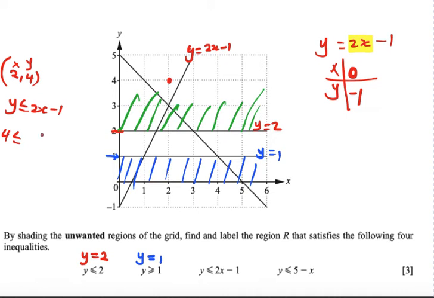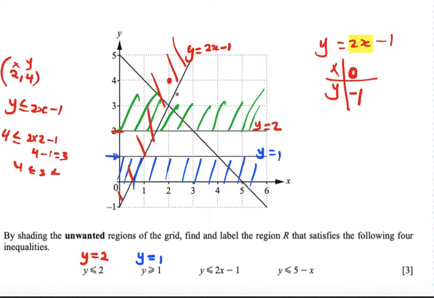Let's check. 2 times 2 minus 1. 2 times 2 is 4, 4 minus 1 is 3. So 4 cannot be less than 3. That means the region where we picked this pair does not satisfy this inequality. So we shade it off like that.